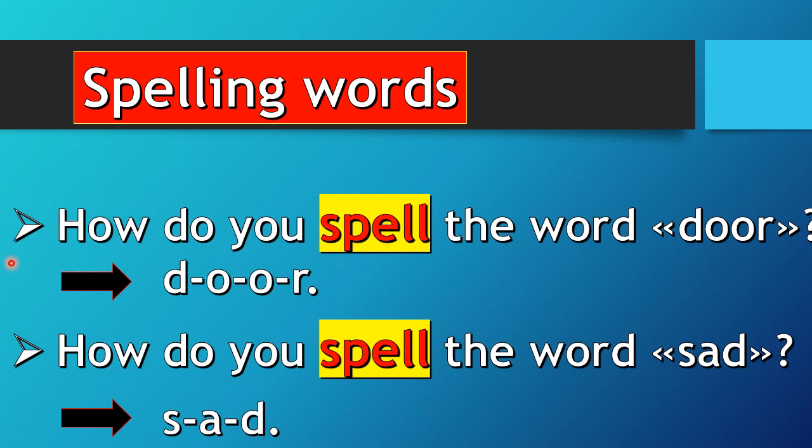The answer is D-O-O-R, double O, R. Let's see another example. How do you spell the word sad? The answer is S-A-D. Great. Now let's have some practice.